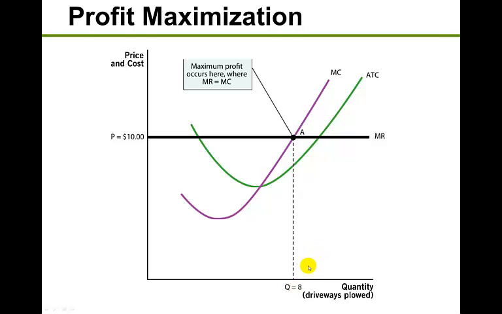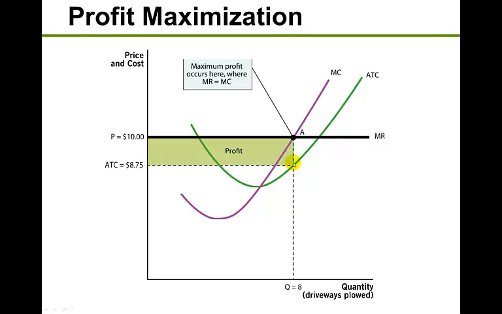So how can I visually display my profits here? Well, it turns out that what I can do is then take this quantity and find where it crosses my average total cost curve, trace that quantity over to where the price is. Well, here the average total cost is $8.75. So then this rectangle here is a representation of my profits.